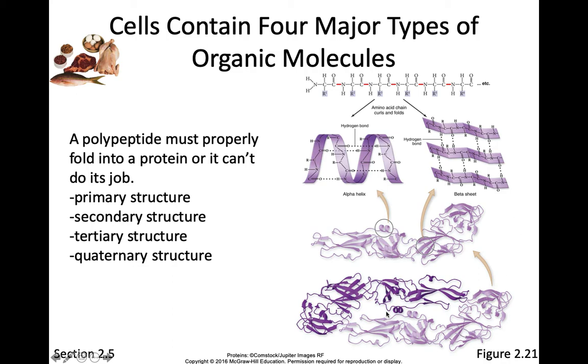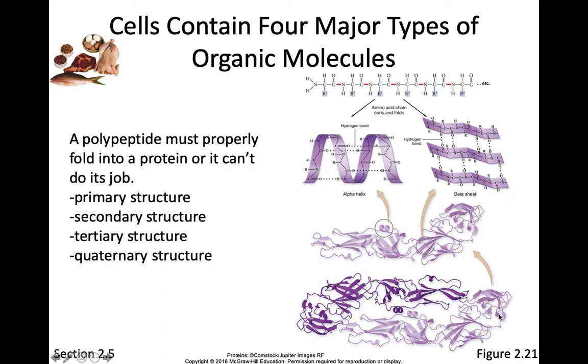Now, if you look down here, you'll see we have our light purple protein and a dark purple protein. If you have one fully assembled tertiary structure protein and you add it to another fully assembled tertiary structure, one or more protein, so it doesn't have to be just one, it can be more than one. So you have one protein plus at least one more, so two or more proteins stuck together that are both in tertiary structure, that both can work, you get something called quaternary structure.